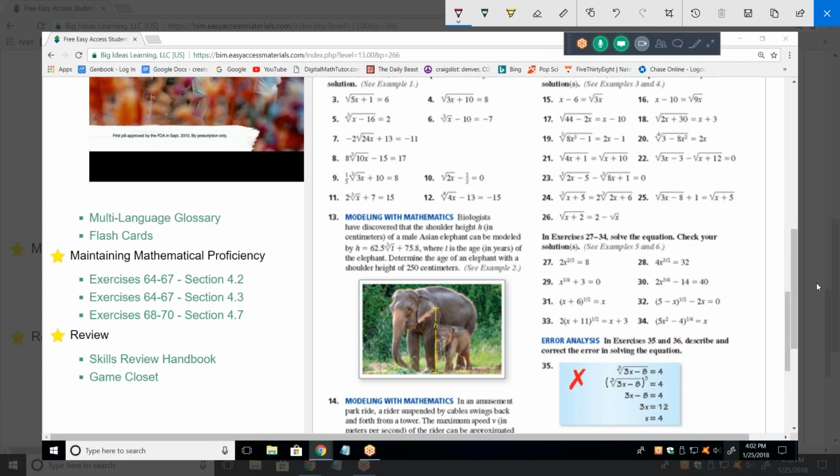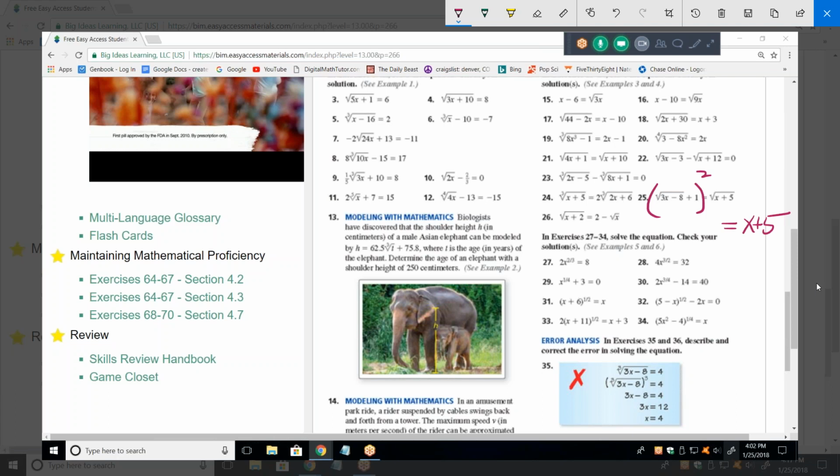25. Okay. First step. Subtract, well, actually, square both sides. Right, now this gets a little tricky. You've got to square that. The right side's going to give you x plus 5, right?